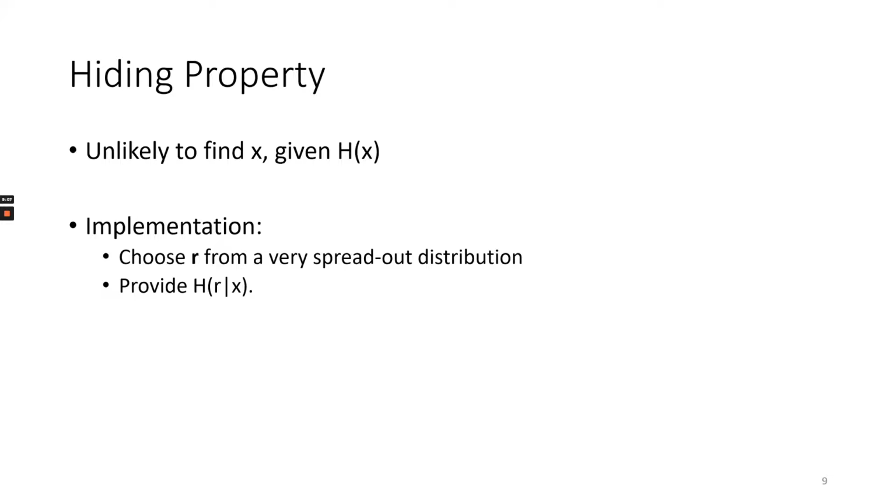So what we do is we concatenate x with a string r, and this string r is chosen from a very spread out distribution. Again, it will be explained shortly why we make these choices. Then instead of hashing x, we hash the concatenation of r with x, where r was chosen from a very spread out distribution, meaning there are lots of possible values and they're all fairly uniformly likely, and we provide that to the public.